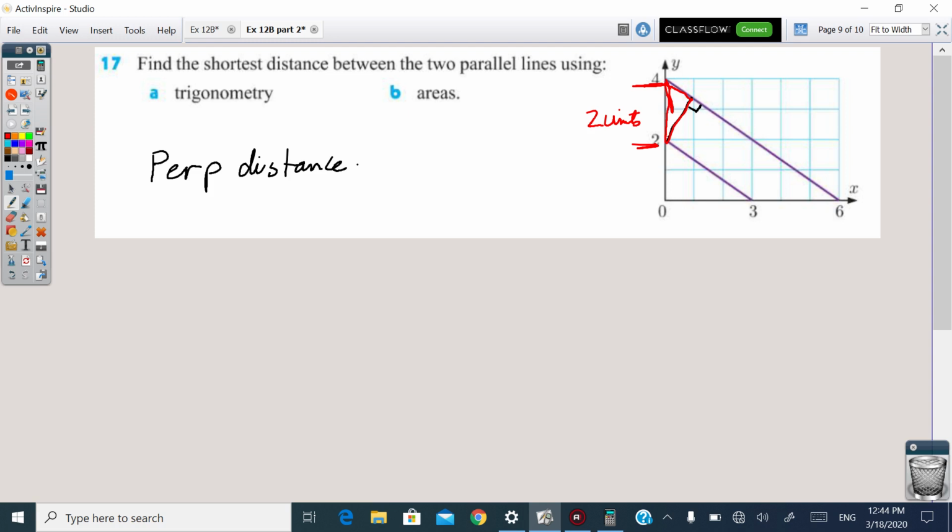Now I need an angle in order to calculate this distance d. I can calculate this angle right here from the big triangle here. In this big triangle, this distance is 6, and this distance is 4.